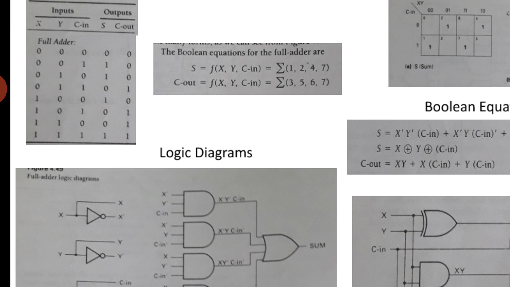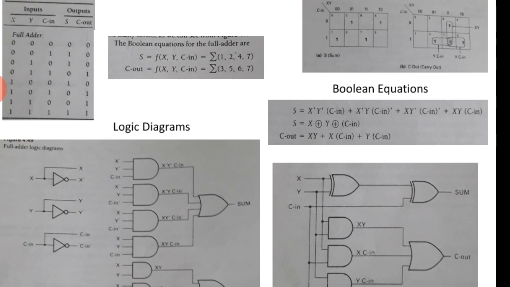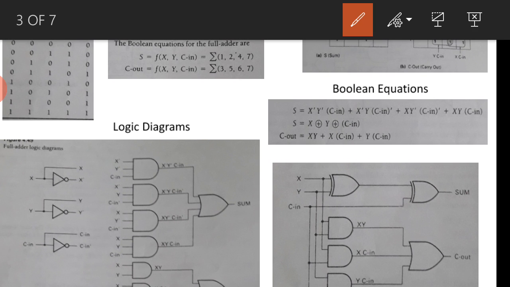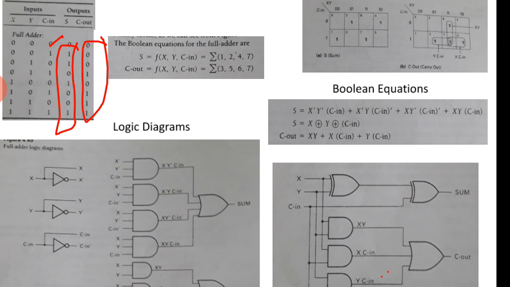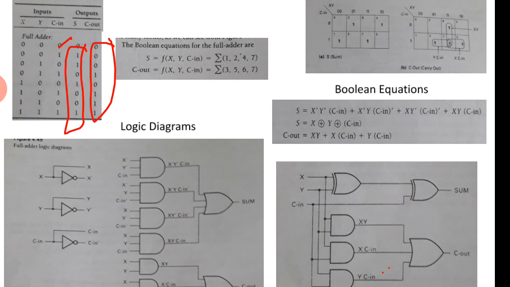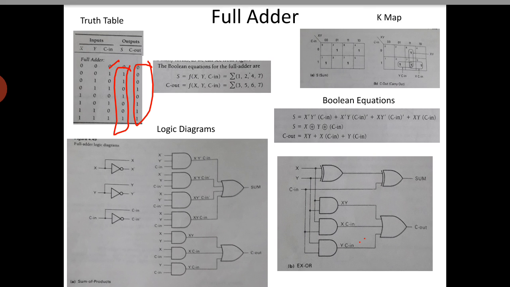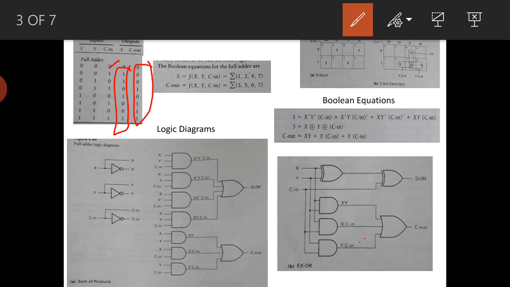So if you see the truth table, for sum what numbers are there, and for carry, there are 2 Boolean equations, which we get by using the K map. If you put the K map for sum, that is 1 1 1 1, so we can't group further.